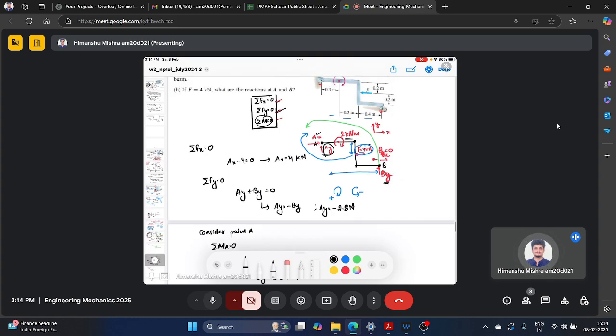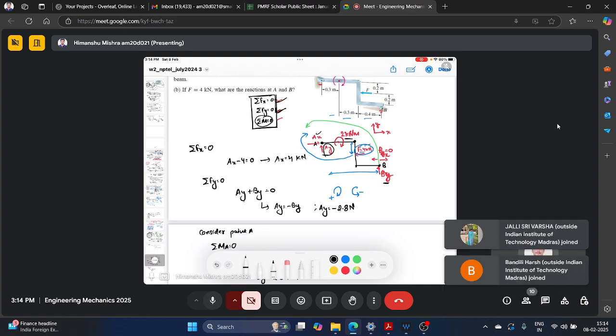And we did nothing different here in this question. We just follow the same procedure that we have been doing since last class. So we have used these three equations, summation of forces and summation of movements.